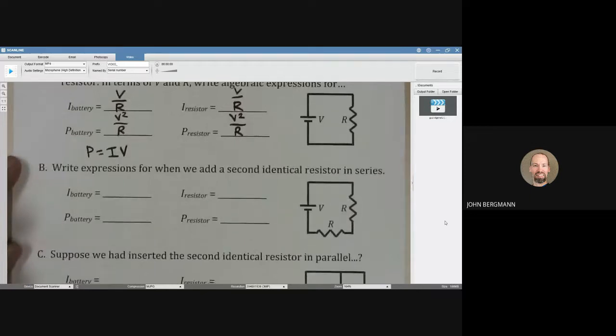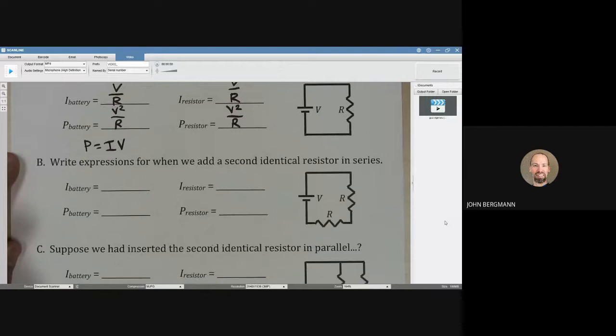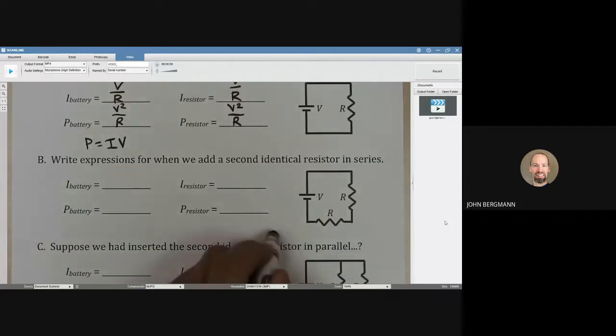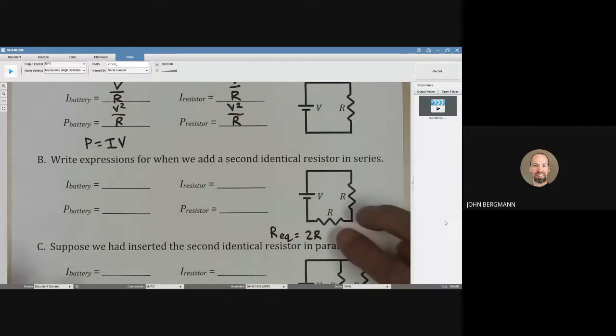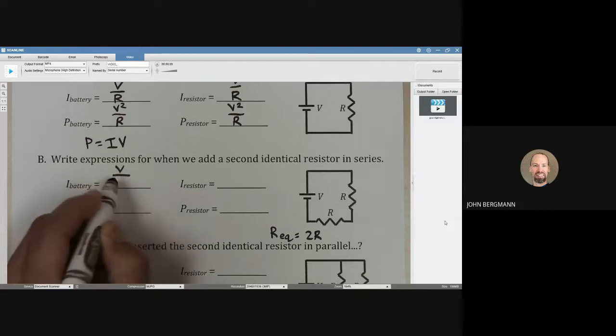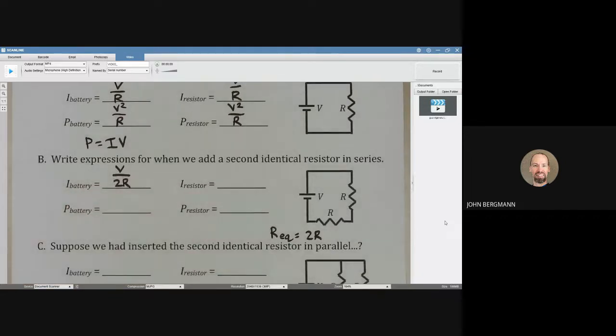Now, suppose we have the same basic circuit, except we've added a second resistor here in series, which means that the equivalent resistance, the resistance felt by the battery, is 2R, R plus R. Those resistors are in series, so we find the equivalent resistance by simply adding them. Current going through the battery is the voltage of the battery divided by the resistance felt by the battery, which is 2R.